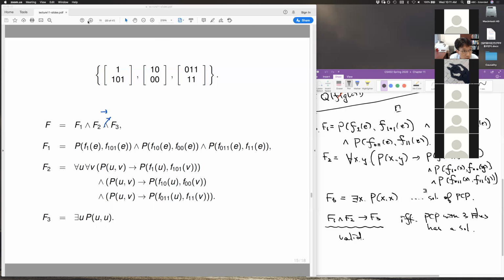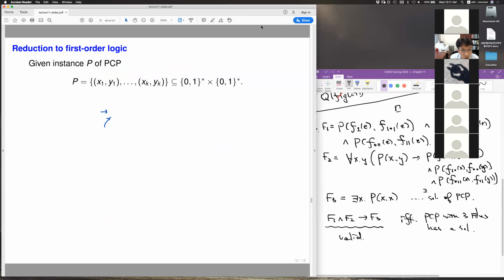Okay. So more generally, here's the encoding of the problem. We are given this general PCP instance, which is a set of tiles. Each tile is a pair of 0, 1 strings.